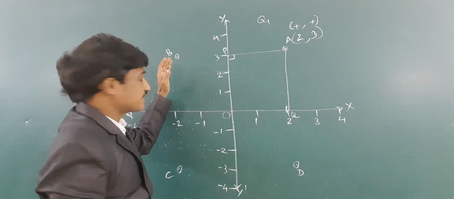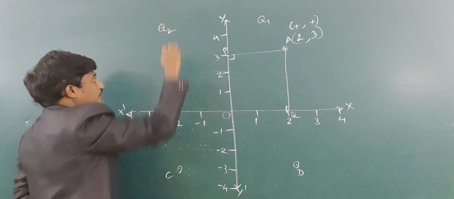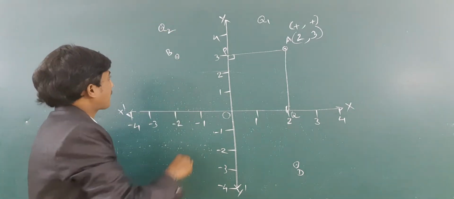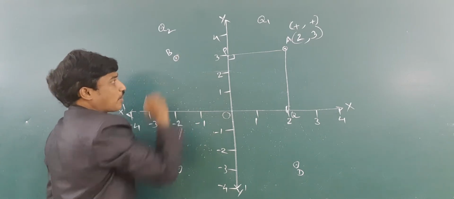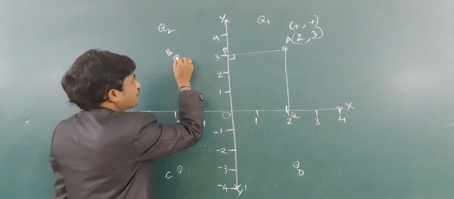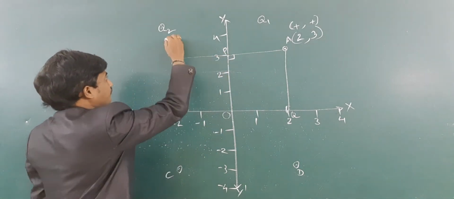Let us see the point in the second quadrant Q2. Here, the perpendicular distance from the given point to the y-axis is the x coordinate.